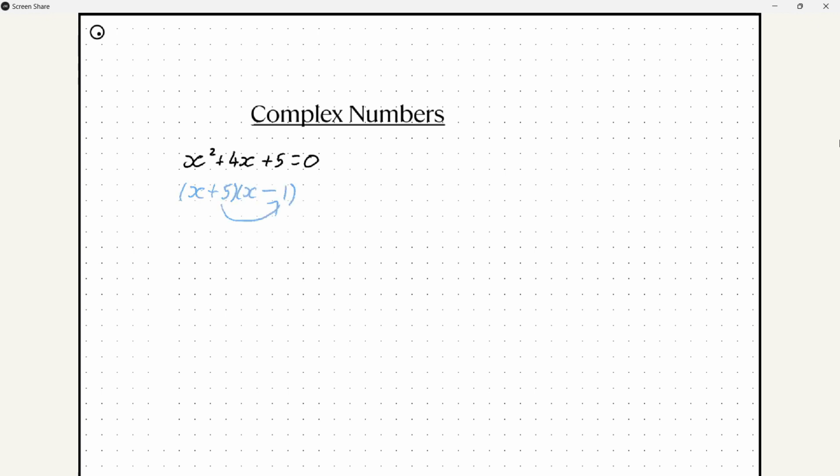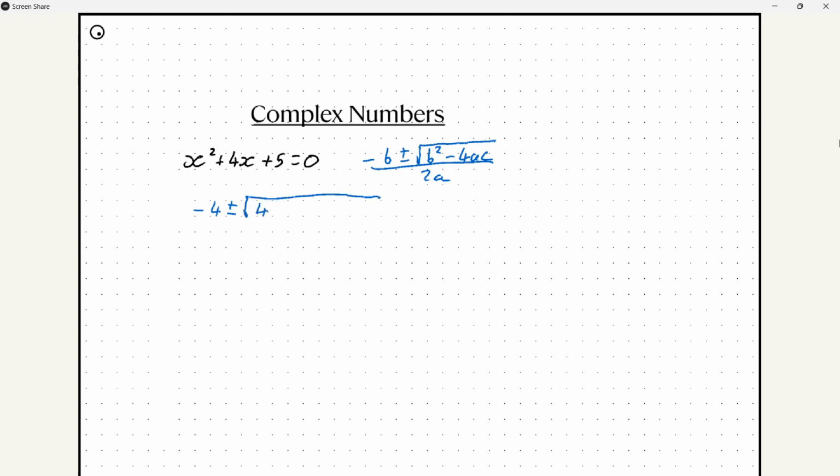So the way that we solve this is using the good old quadratic formula. So we'll sub in our values for b, a, and c. So there we have minus 4 plus or minus the square root of 4 squared.